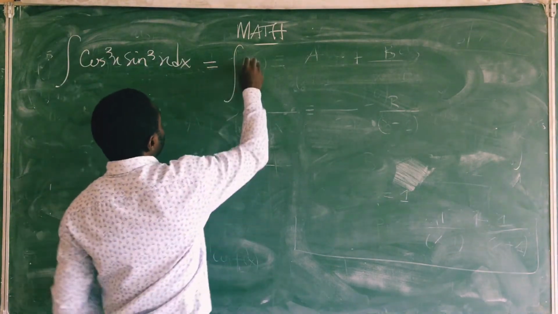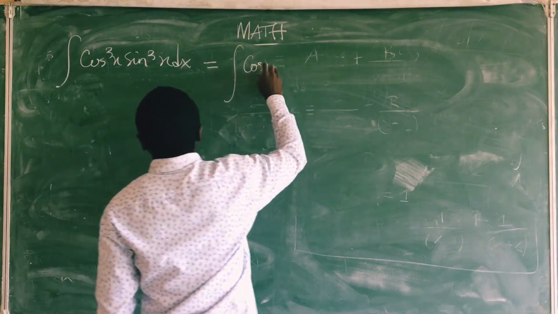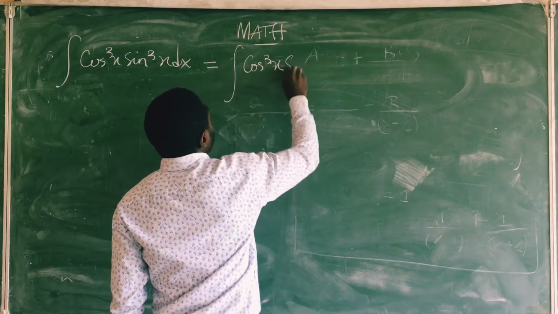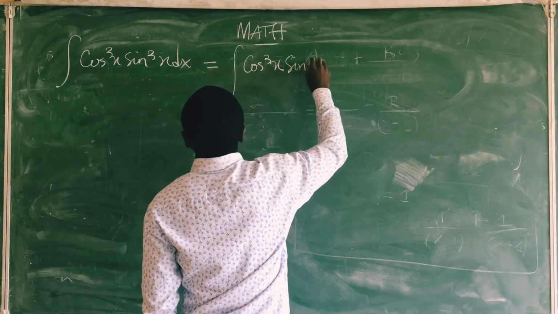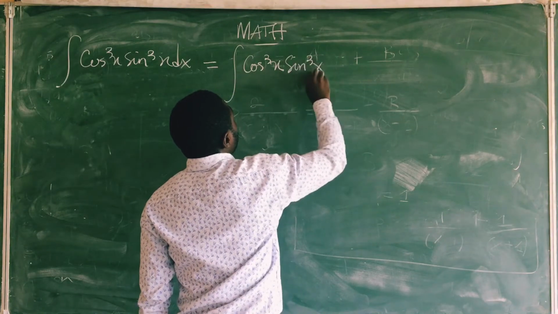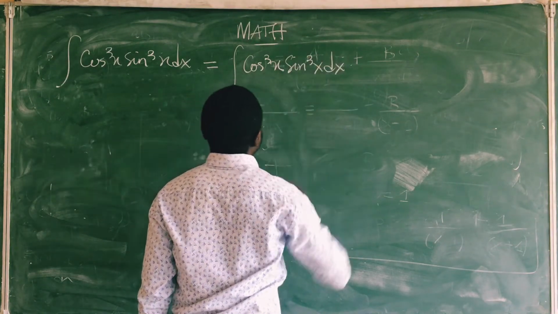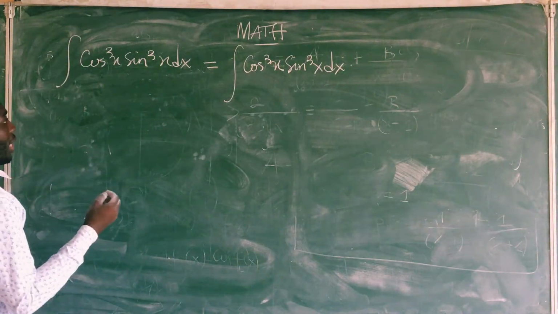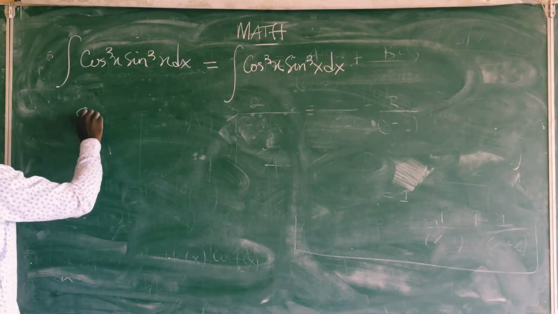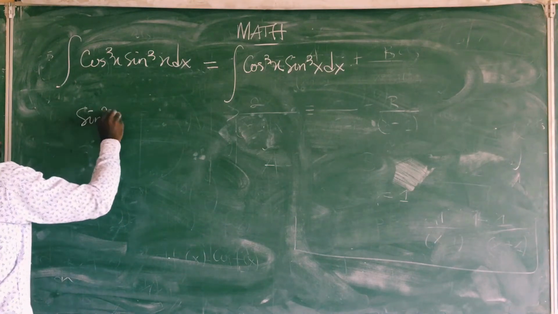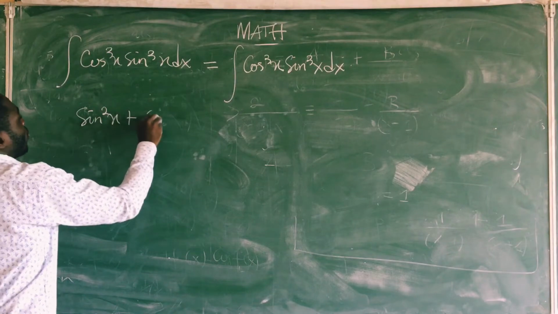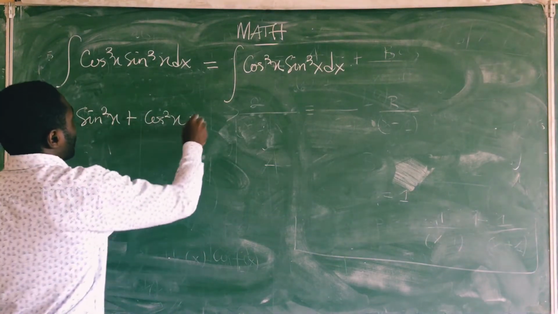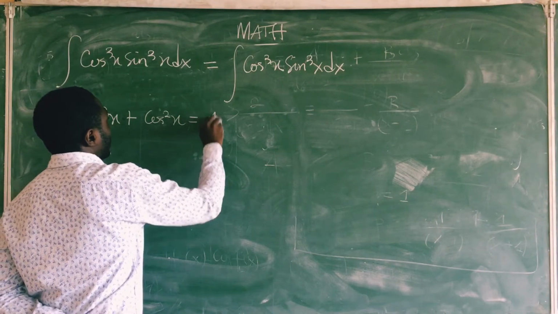These functions can be written as cos cube x sine cube x dx. Now, according to trigonometric identities, sine squared x plus cos squared x is equal to 1.